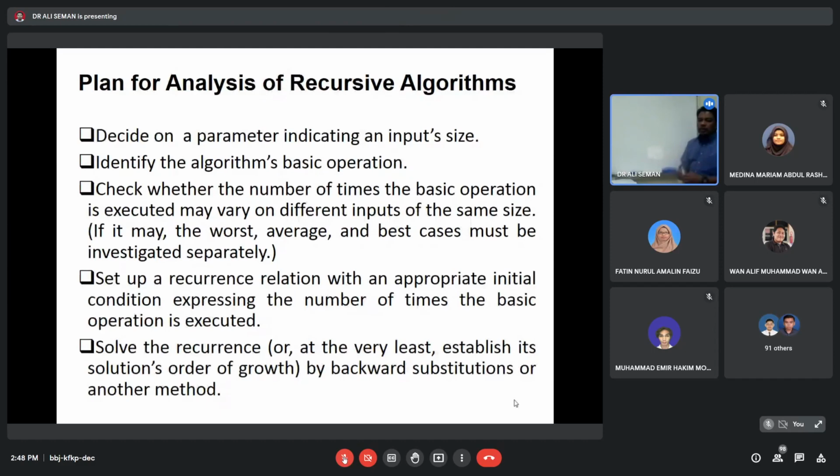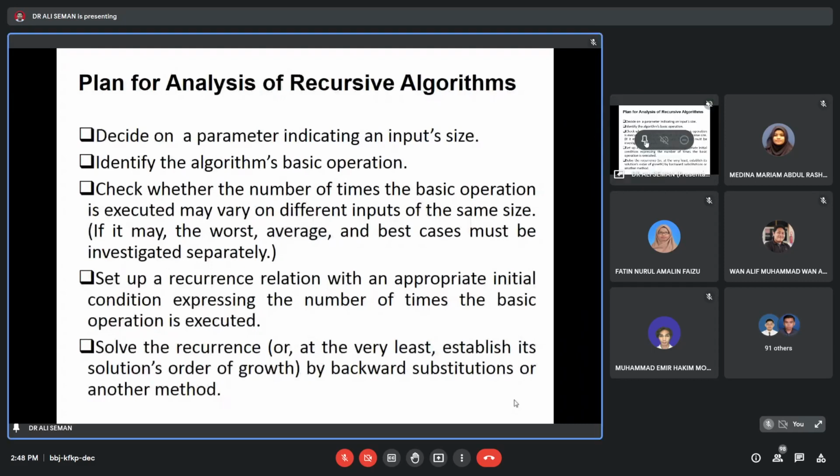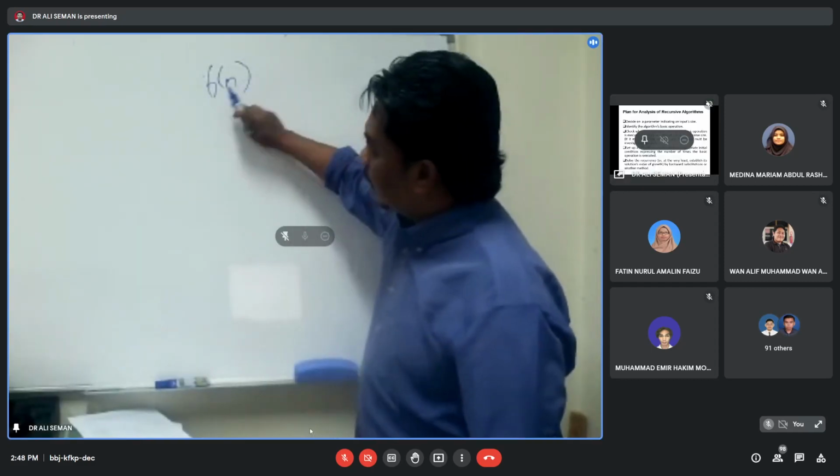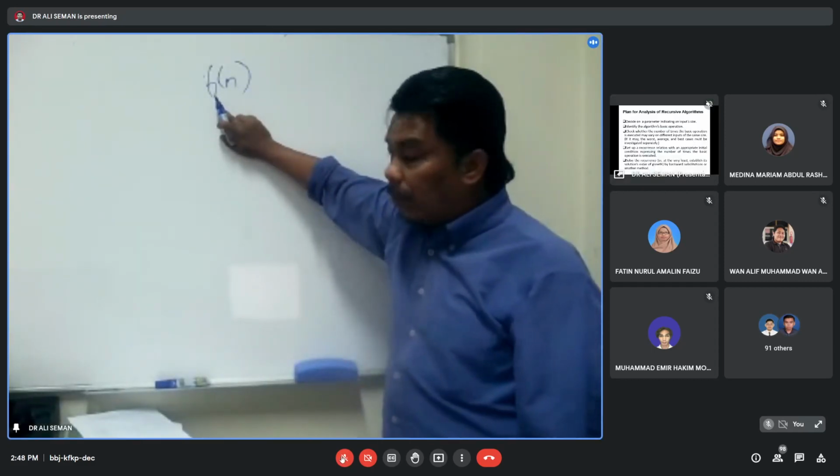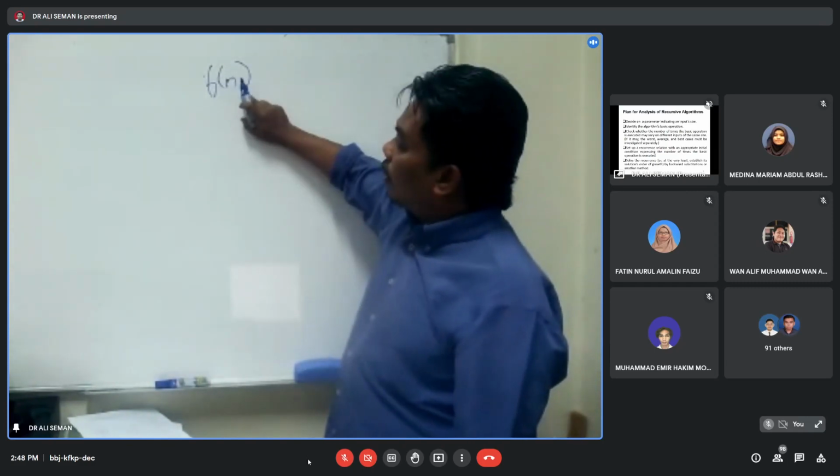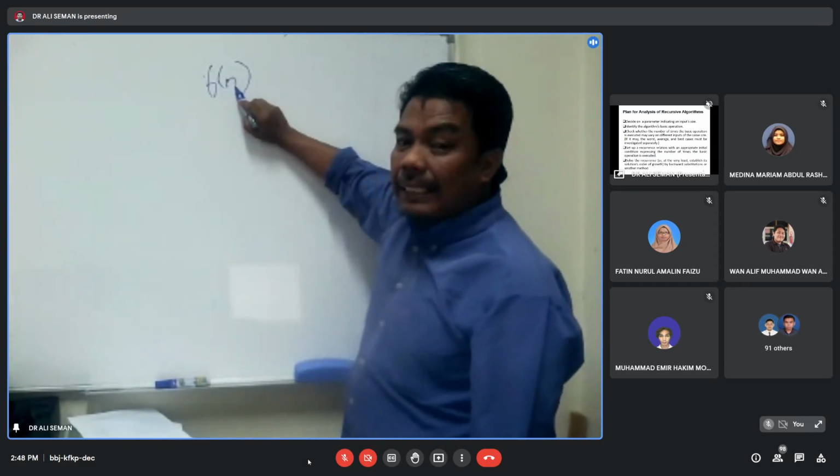In general, what is the basic operation? The most operation that contributes to the time. Okay, we denote it as f of n, right? In asymptotic analysis, these are general functions. F is a function from mathematics, and we want to observe the n when n increases.